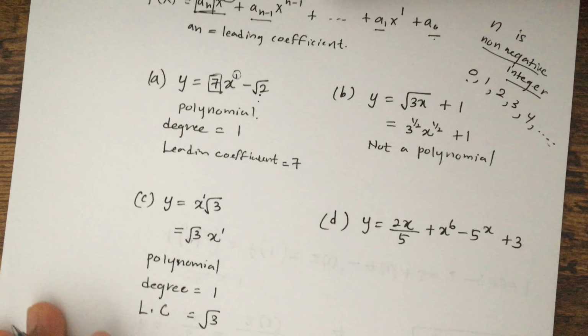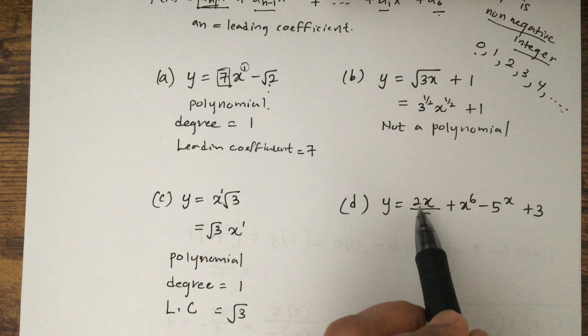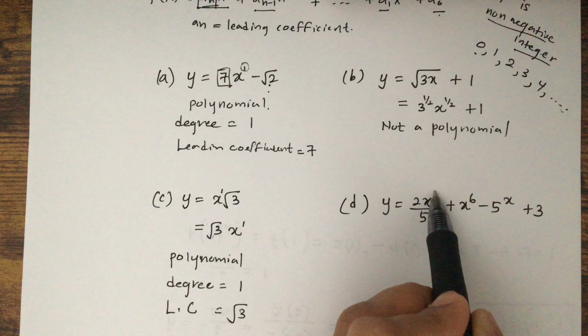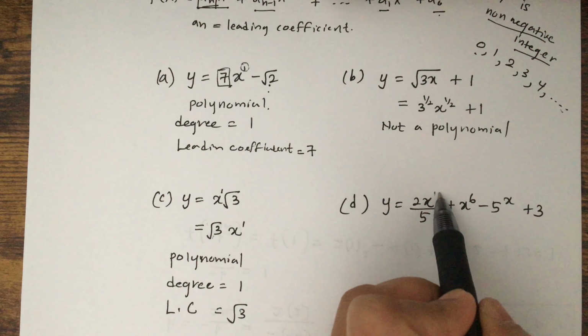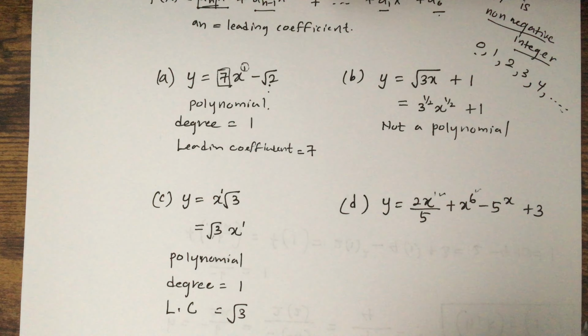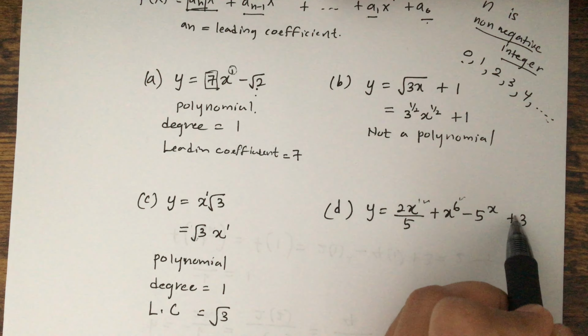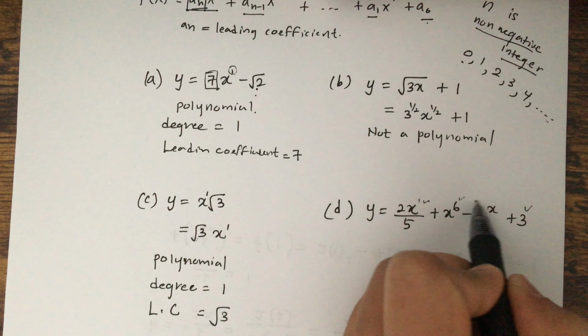Okay, and what about this one? Let's look at the terms. Here you have the linear term 2 over 5 times x, power is 1 here. Okay, linear term, and another term x to the power 6, so that one is okay. Non-negative integers. And this one is the constant term. This term is also okay. So what about this one?